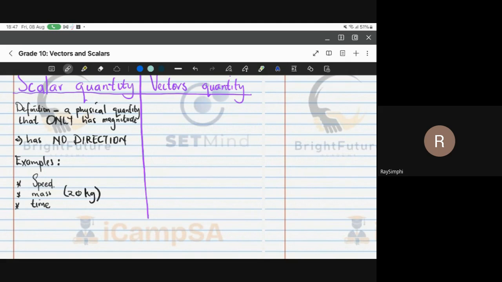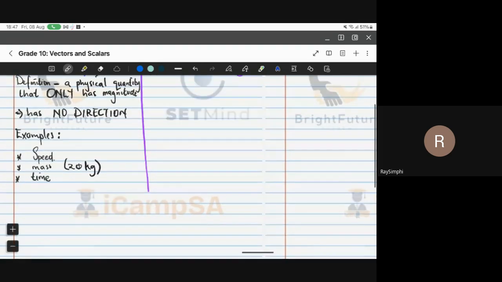Speed and velocity are not the same, even though the SI units are usually the same. Speed is a scalar while velocity is a vector. But I'll tell you what a vector is right now. And then another example is temperature.